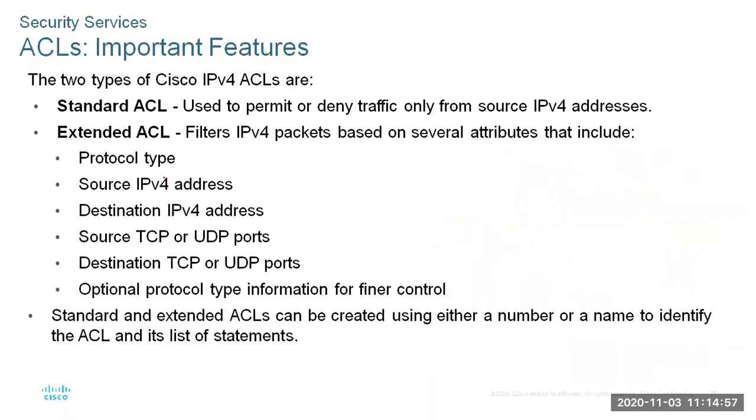Now the access list is very important because, like we said, it controls your traffic, especially the behavior of the traffic coming into your network and going out of your network.